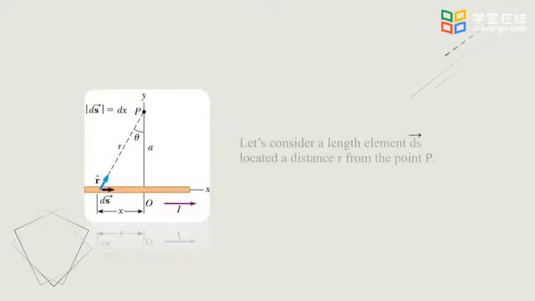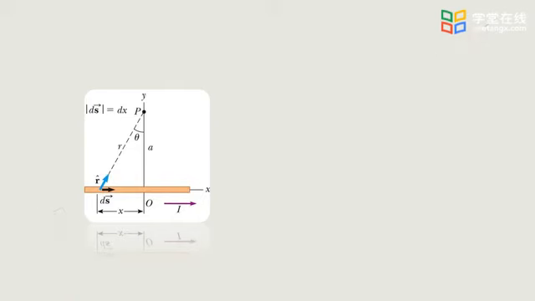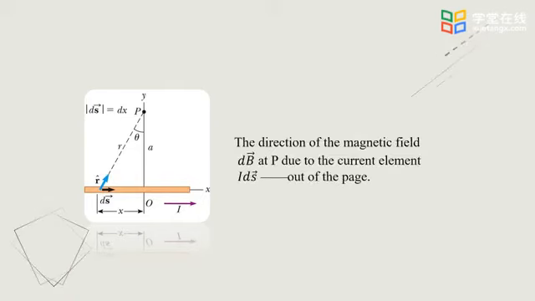This is a typical example of an application of the Biot-Savart law. Let's consider a length element ds located a distance r from the point P. Firstly, we examine the direction of the magnetic field dB at P due to the current element I ds by the right-hand rule.